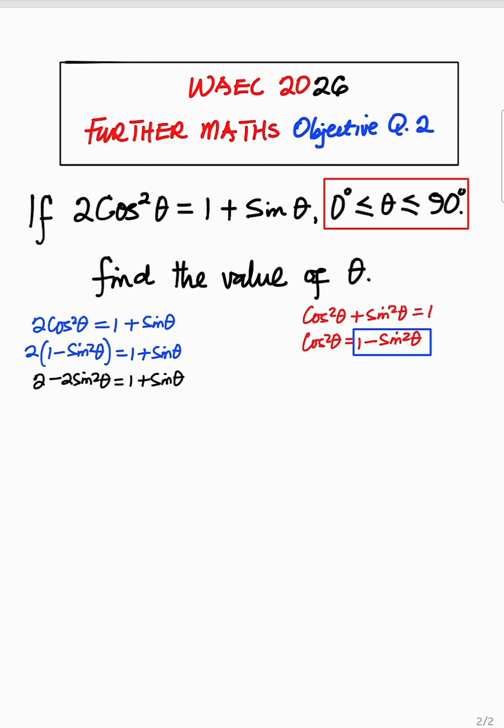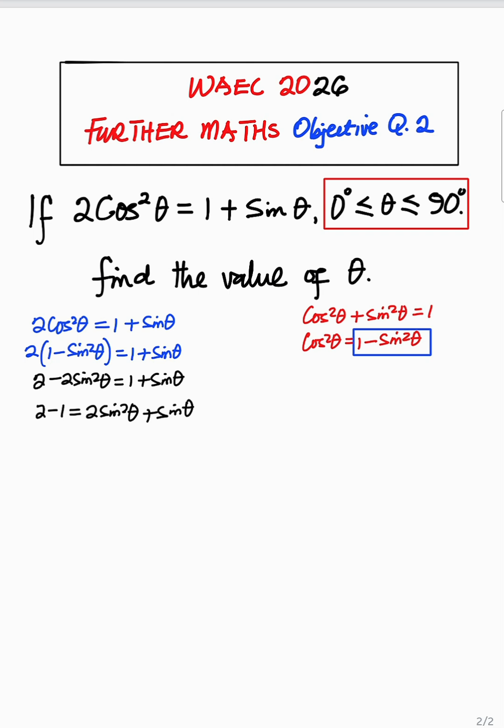Okay, so let us collect like terms. By collecting like terms, this 1 comes to the left and the whole of this moves to the right. So this becomes 2 minus 1 equals 2 sine squared theta plus sine theta. Sorry, this is 2 sine squared theta.